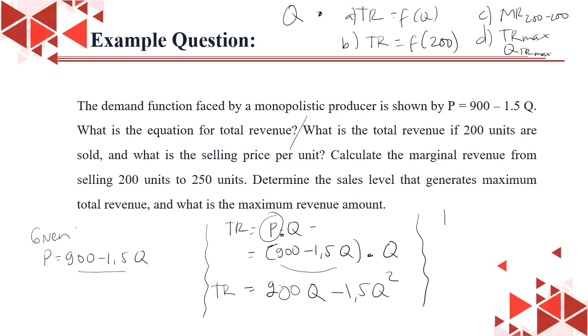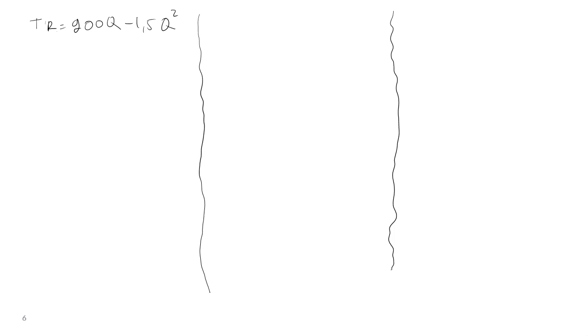For the first question, the function of TR, TR is 900Q minus 1.5Q squared. For the next question, what is the revenue if the Q given is 200?